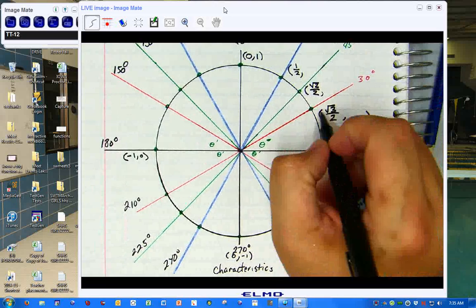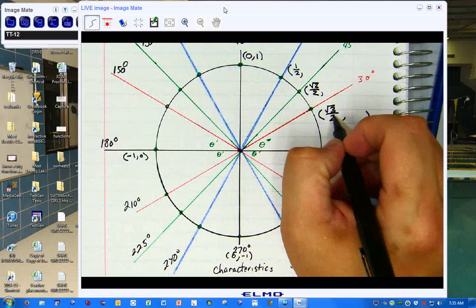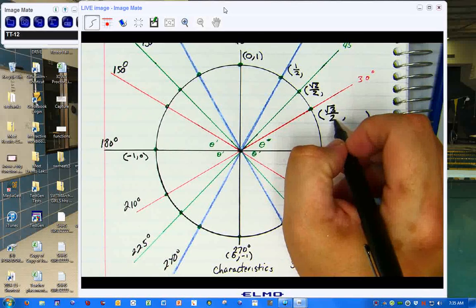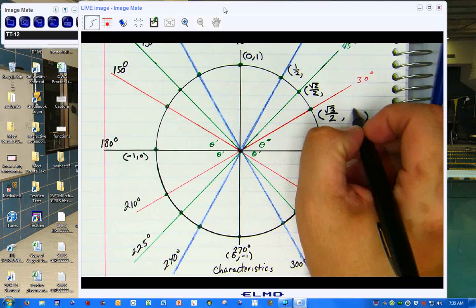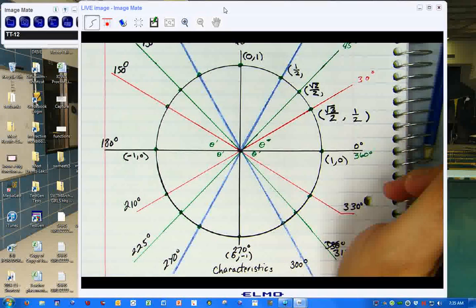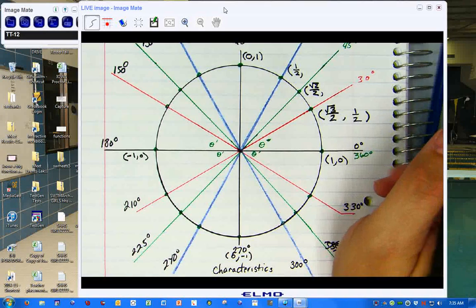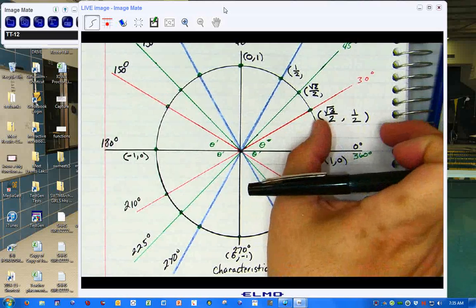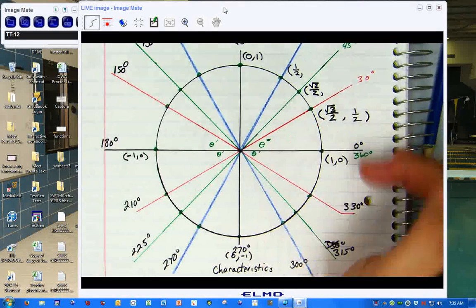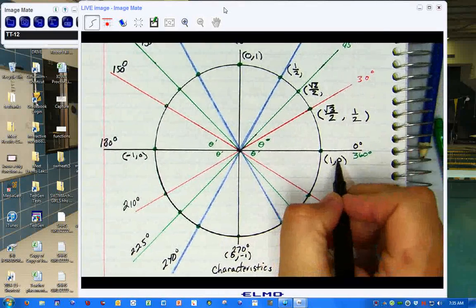So square root of 3 over 2, its companion number is always going to be 1/2. If you have the square root of 3 over 2 as one of the points, 1/2 is the other point. But we also know that since we're starting at 0, we get the square root of 1 over 2.